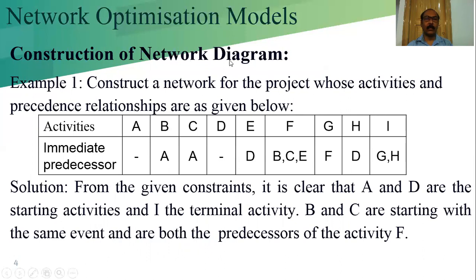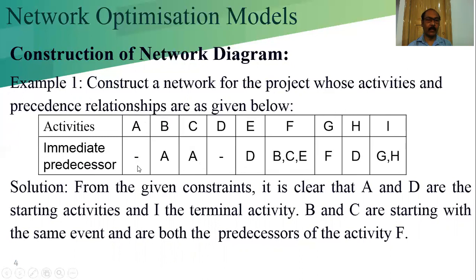Now construction of the network diagram. We already learned how to construct a diagram and how to number the nodes. So first we are considering an example. Example 1: construct a network for the project whose activities and precedence relationships are given below. These are the activities and these are the immediate predecessors of the activity.